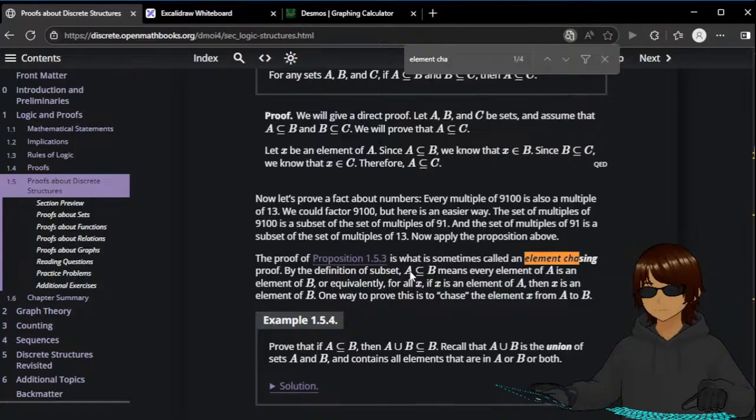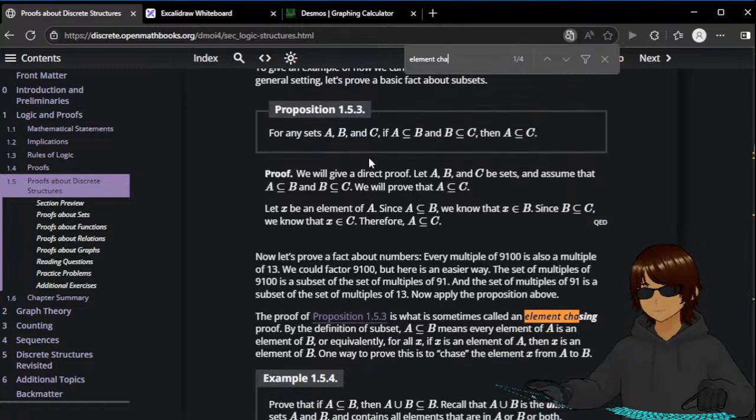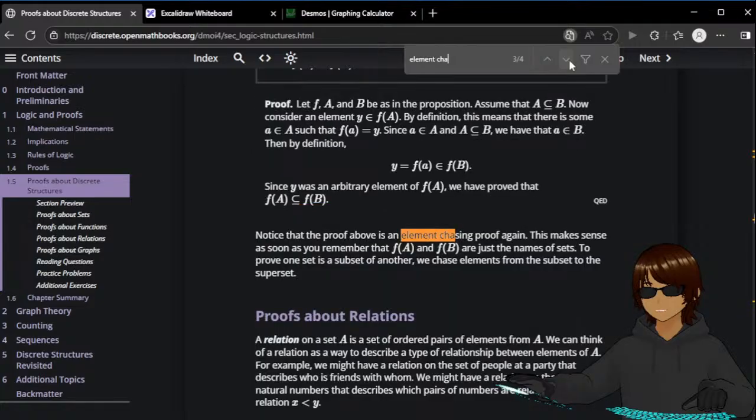By definition, A subset of B means every element of A is an element of B, or equivalently, for all x, if x is an element of A, then x is an element of B. One way to prove this is to chase the element x from A to B. Let x be an element of A. Since A is a subset of B, we know that x is part of B. Since B is a subset of C, then x is part of C. Therefore, A is a subset of C. Yeah, okay, I understand.